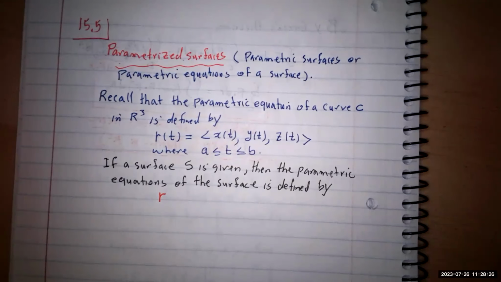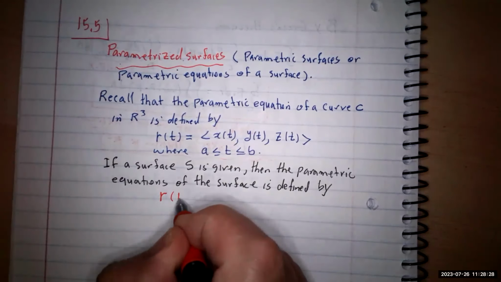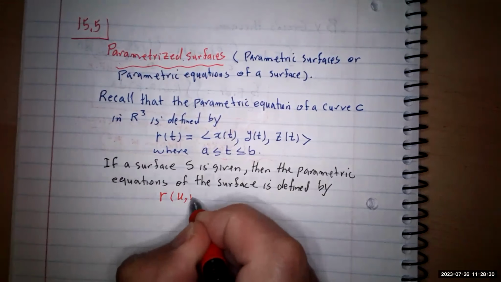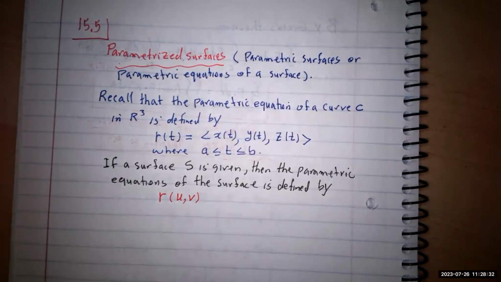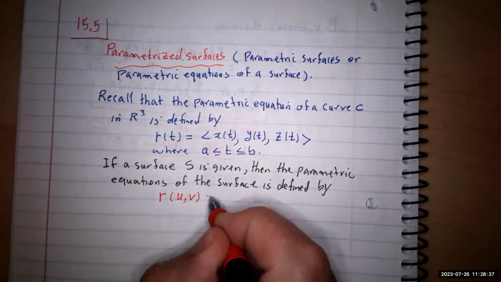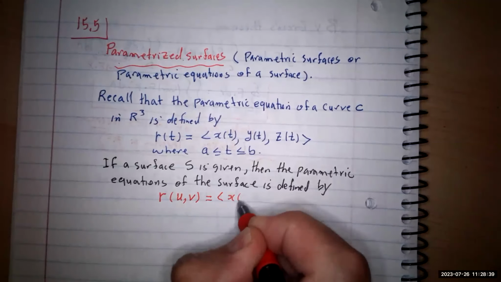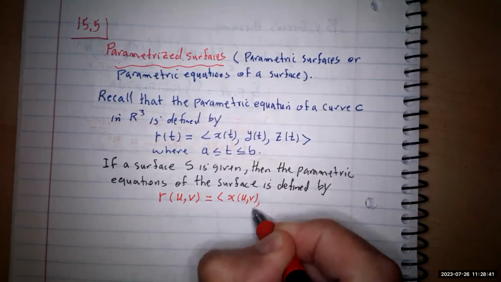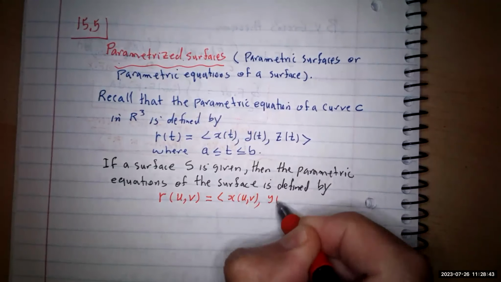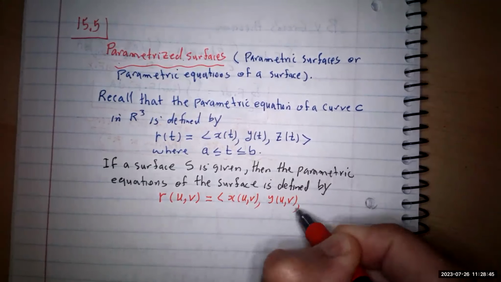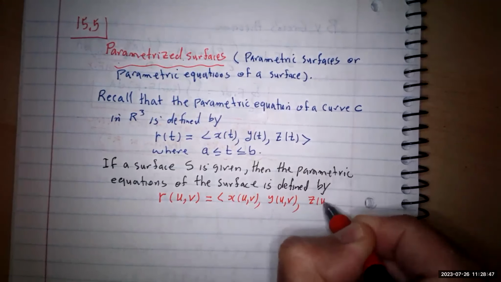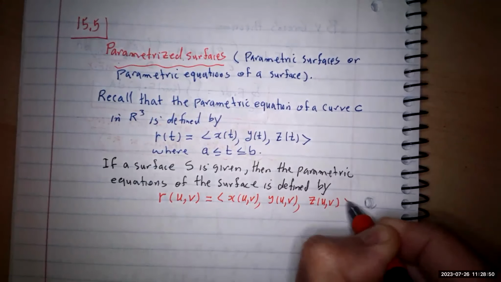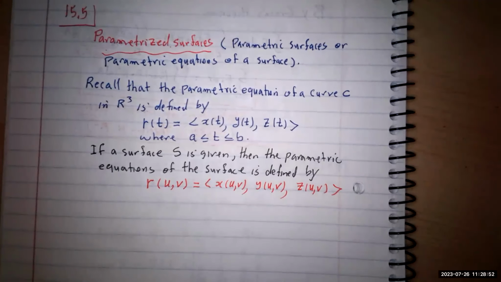So instead of the T, I invent something like a U and a V. You can call it anything else you like. It's a standard. So R of U, V is going to be X of U, V, Y of U, V, Z of U, V. This X and the Y and the Z are all functions of two variables.